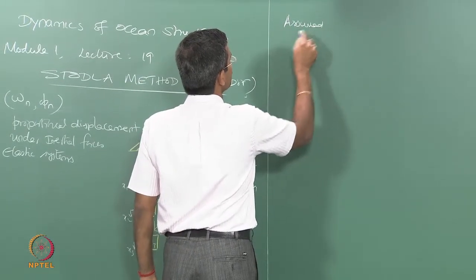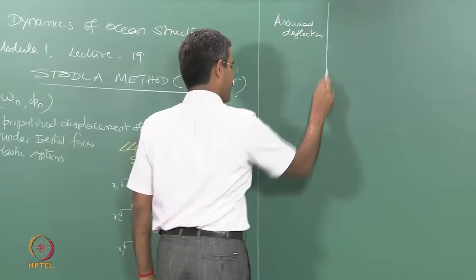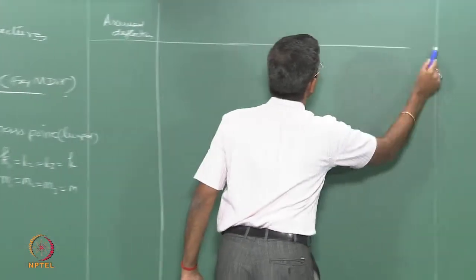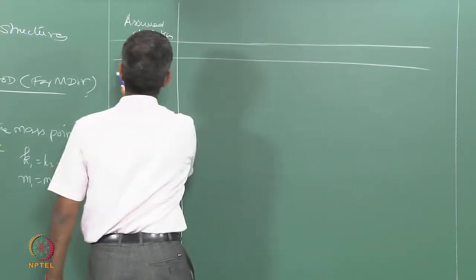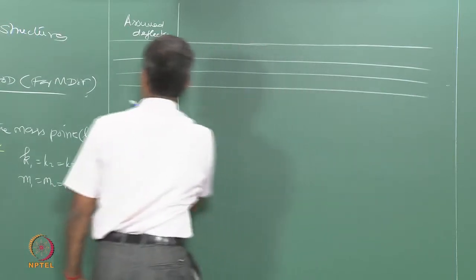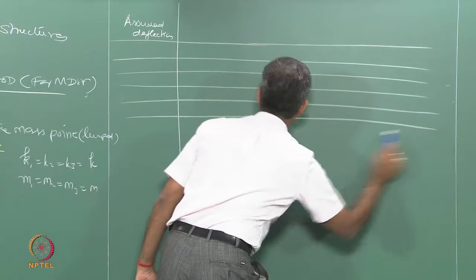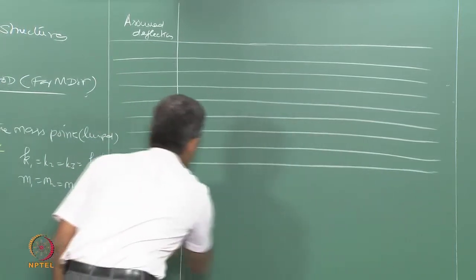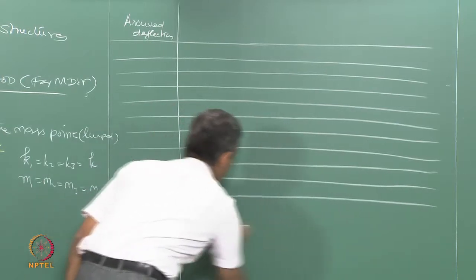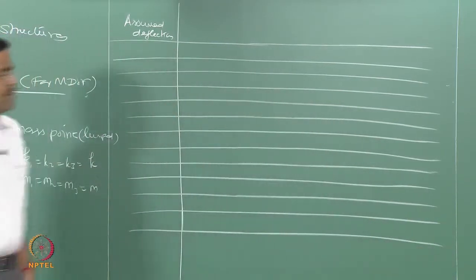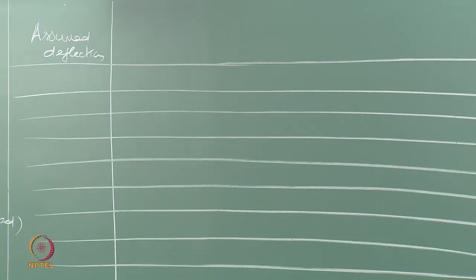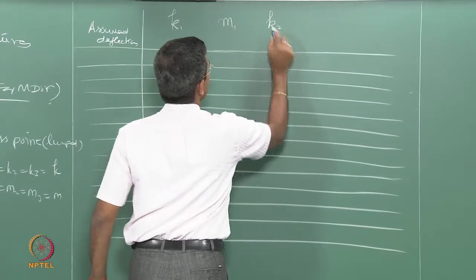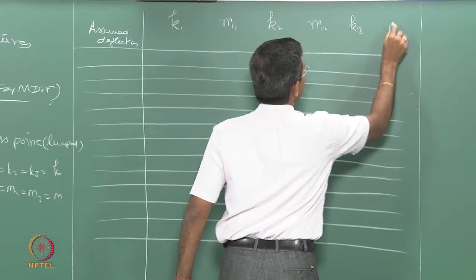Let us say assumed deflection. Let us say the stiffness and mass points are K1, M1, K2, M2, K3 and M3.